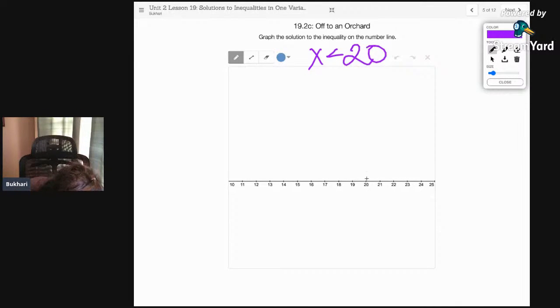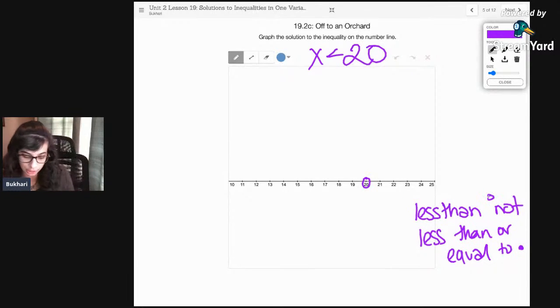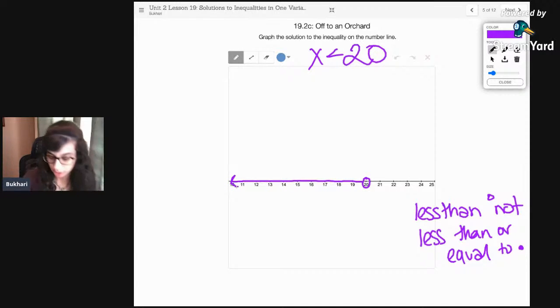We want an open circle because it is less than and not less than or equal to. Less than or equal to is a closed circle and less than is an open circle. And if we're less than 20, then all these numbers are less than 20 and would be part of the solution set.